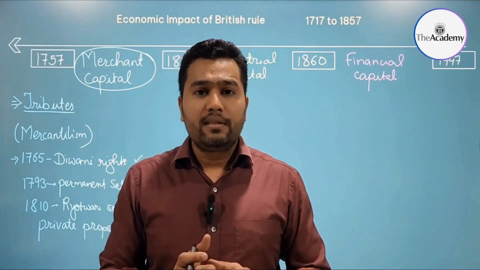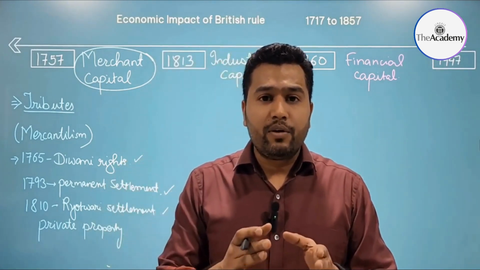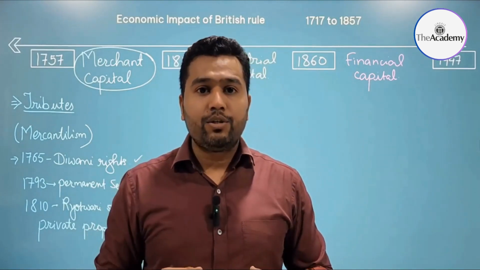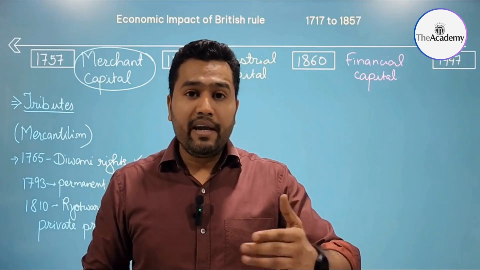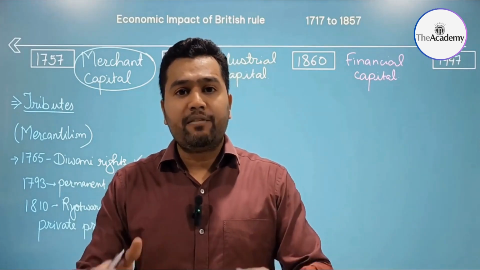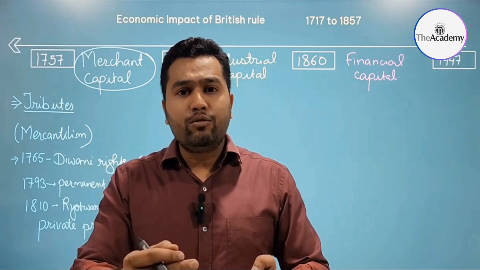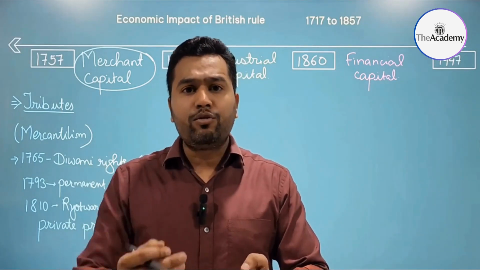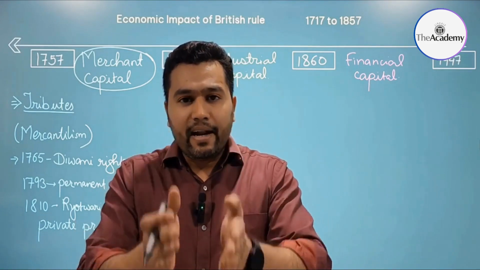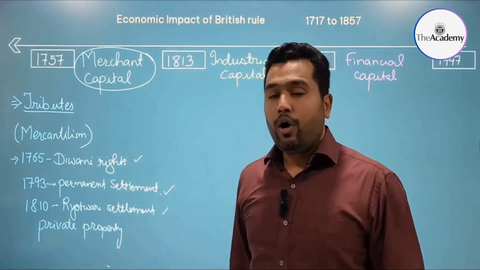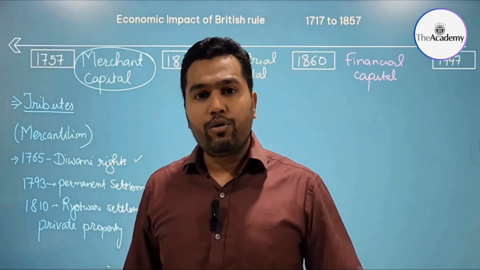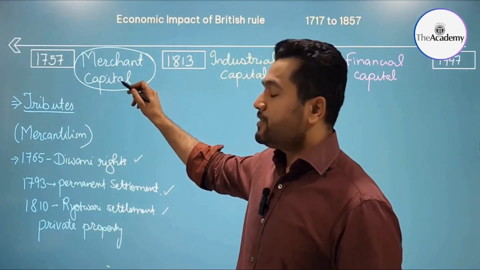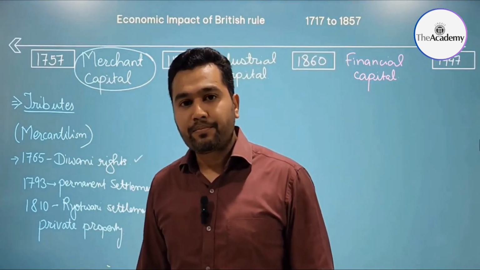So all these aspects of integrating the Indian economy into the global economy via the British, whose interest was to gain maximum profits irrespective of the impact on the Indian economy, led to underdevelopment of the Indian economy. So the overall produce of the economy actually declined during this first phase of colonialism in India. And this phase is termed the phase of merchant capitalism.